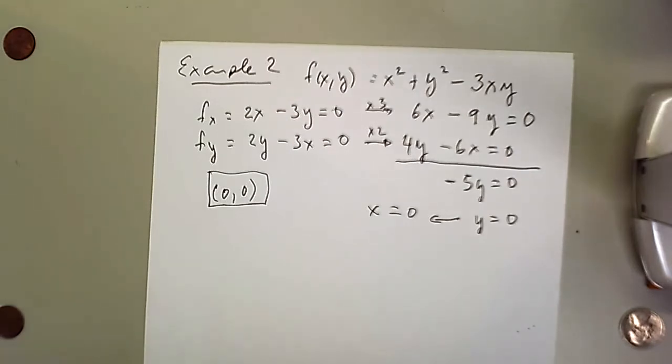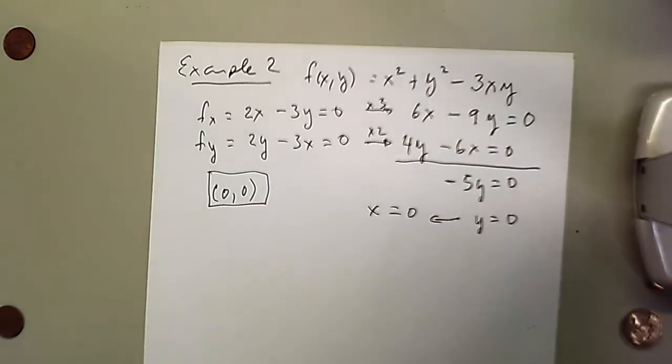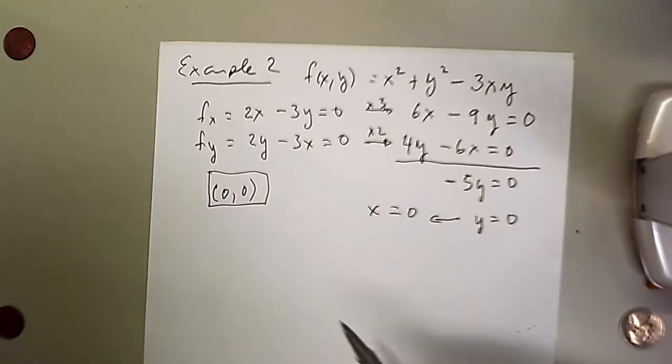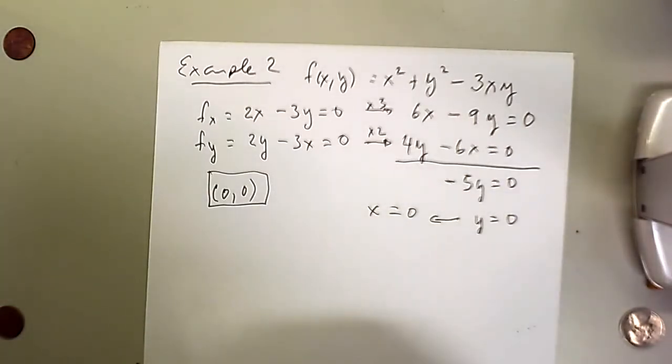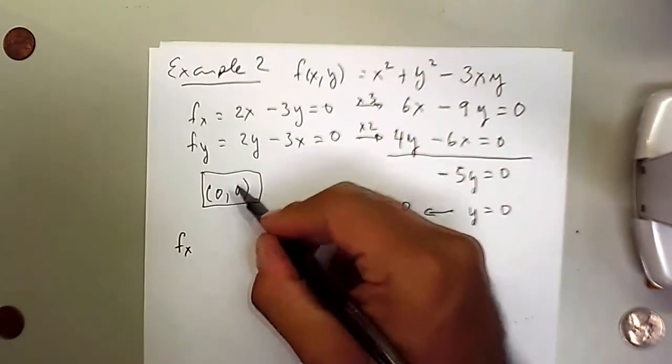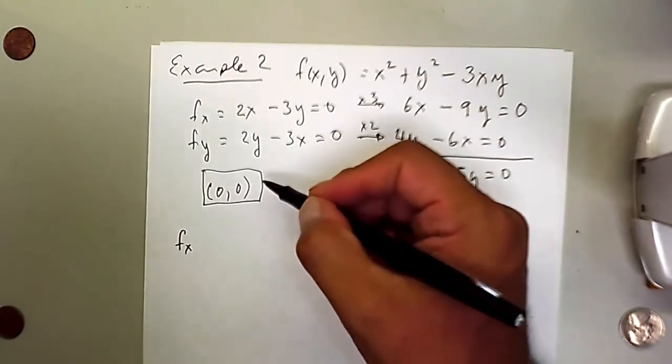It does happen regularly that we have more than one critical point. But again, we want to find the second derivative because we want to test. We don't know whether we have a maximum, minimum, or saddle point.